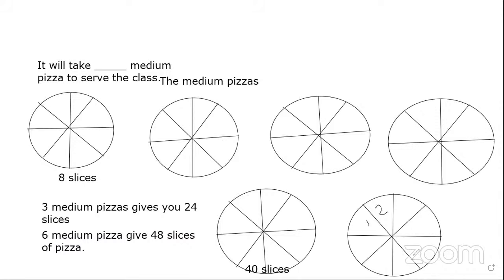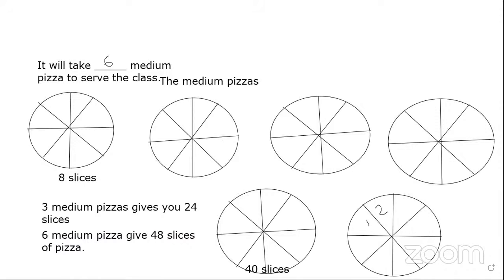So whether we want to give somebody else another slice or we want to toss it in the bin, we can do that, but we must buy another pizza so that we can get the 2 slices from this additional pizza. So in total, we will definitely need 6 medium pizzas. I hope we're all still following. All right. So even though 48 slices will be for 6 pizzas, we have to buy that additional pizza so we can get the 2 slices.